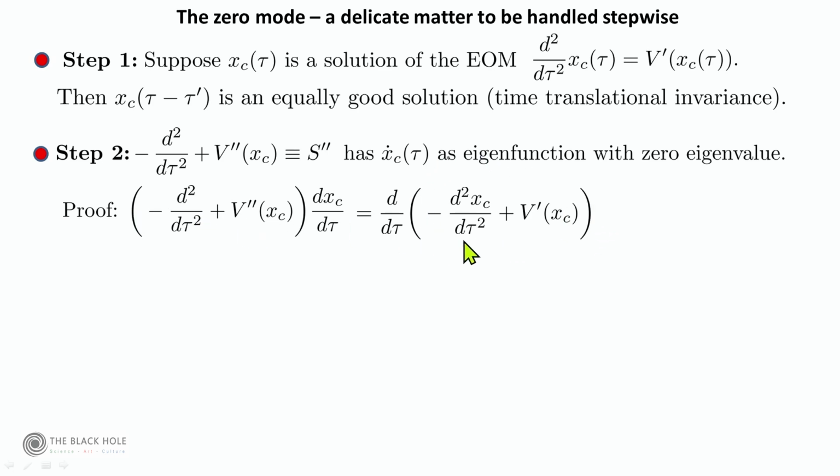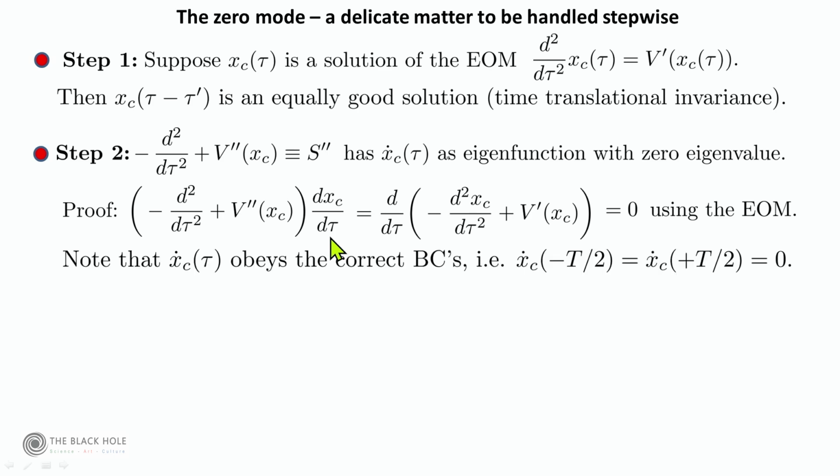But then you recognize what's over here. This is just the equation of motion. And so, this being 0, we have proved that dxc by d tau is indeed a mode. That is to say, it's an eigenfunction, and it has got 0 eigenvalue.